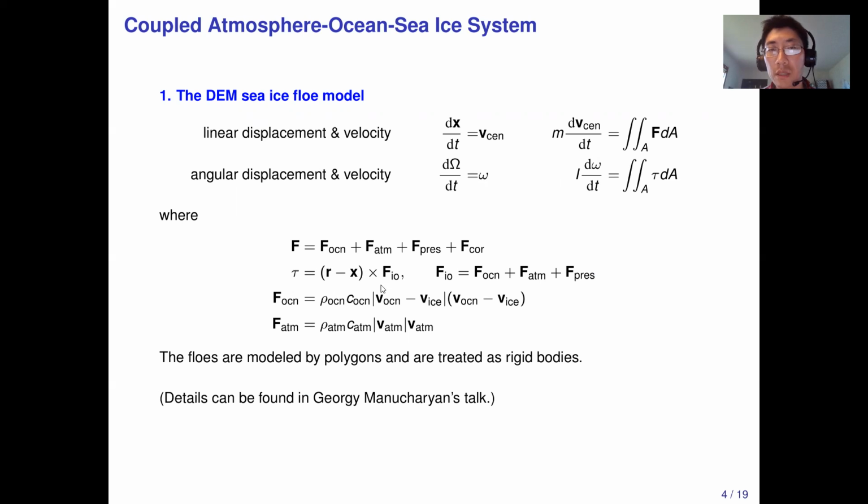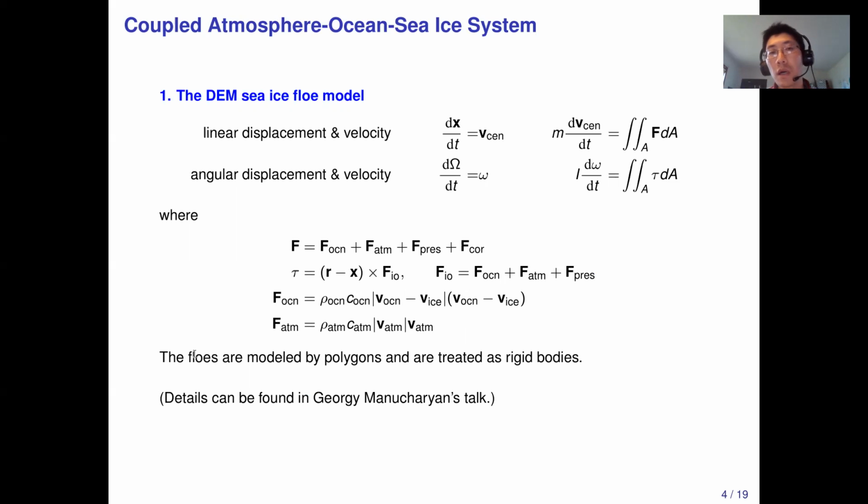So it's a cross product. I do not want to discuss all the details here, but I want to emphasize that these 4 things are nonlinear functions of the state variables. Here we use a quadratic law for the drag force from both the ocean and atmosphere. You can see here it's a quadratic form, so it's a nonlinear system.